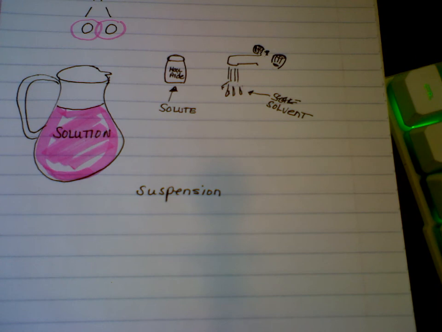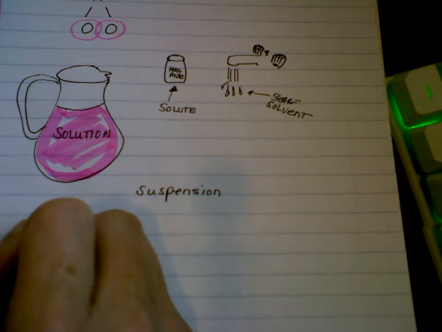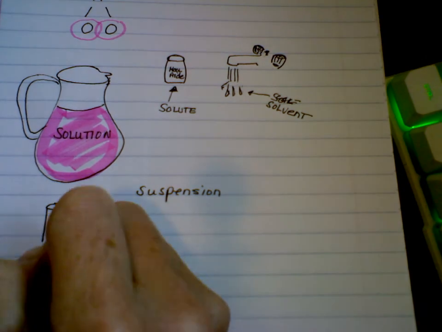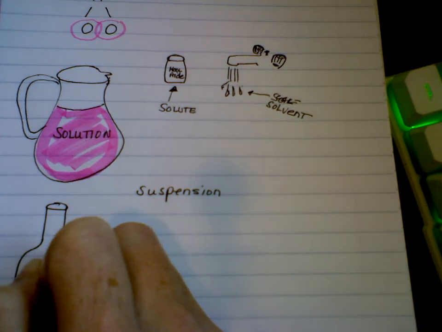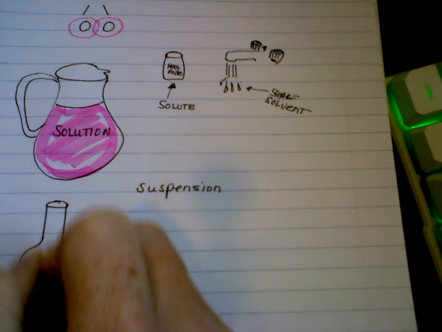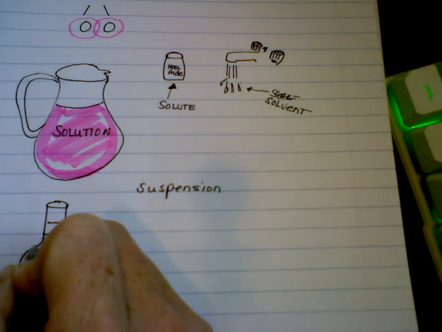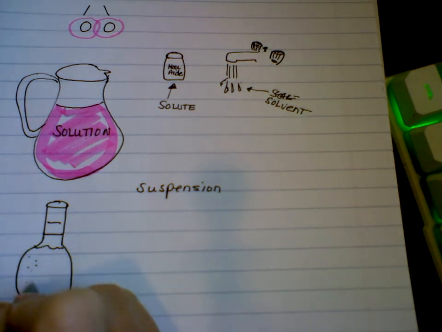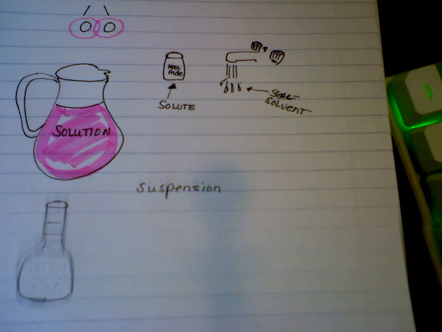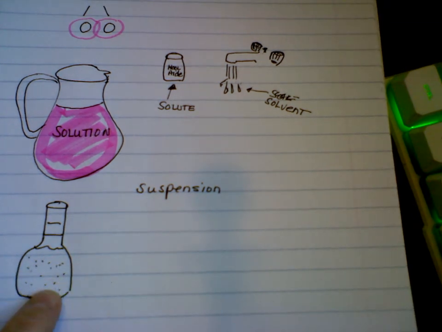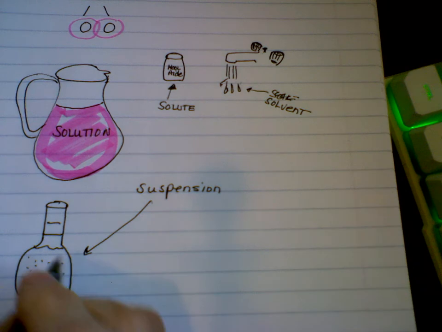Look at salad dressing, for example. Let's say I have a bottle of Italian salad dressing. And there are little flecks inside of it like that. They can't dissolve, so they're just suspended in it. So it's called a suspension.